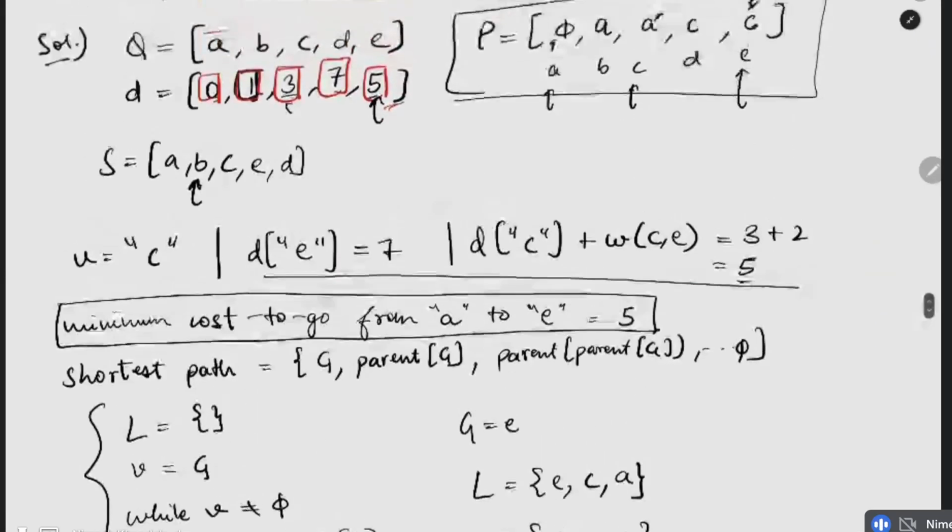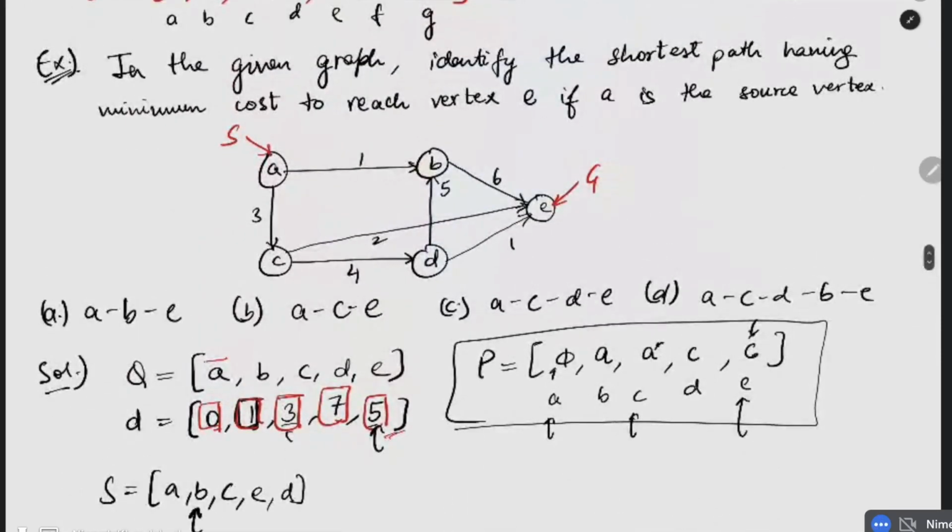And this we can verify also from the graph: if one goes from A to C, that has a cost 3, and then from C to E, that has a cost 2, that is indeed the shortest path to go from A to E, because all the other paths have a greater cost. For example, from A to B, and then from B to E, the total cost is 7. From A to D, A to C, C to D, and then from D to E, the total cost is 8.